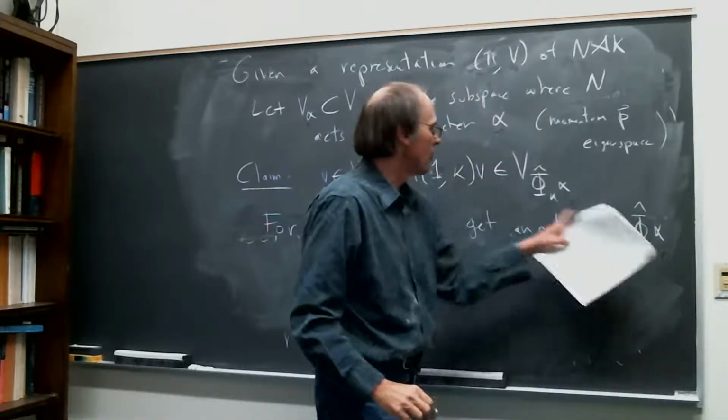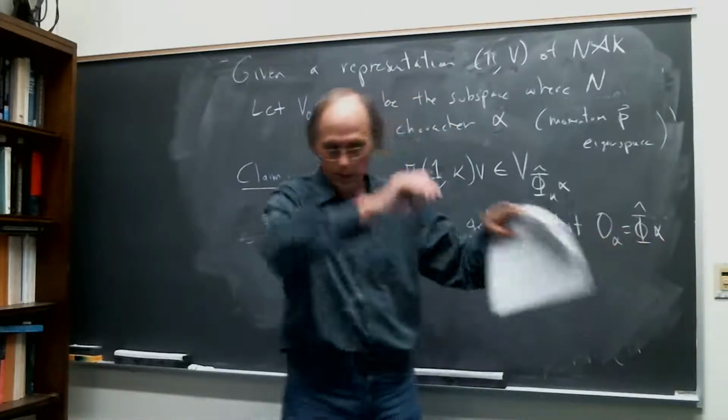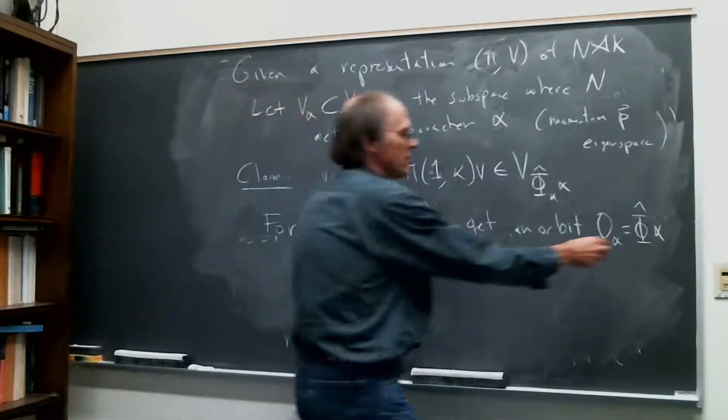So if you act with all the different k's on alpha, you're going to get some orbit.